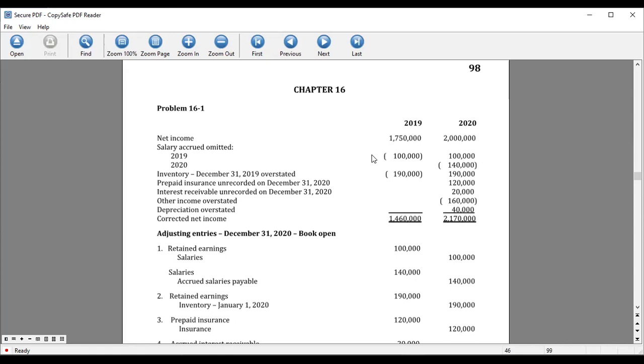As we have listened to the PowerPoint presentation, then we consider counterbalancing errors for our accruals.